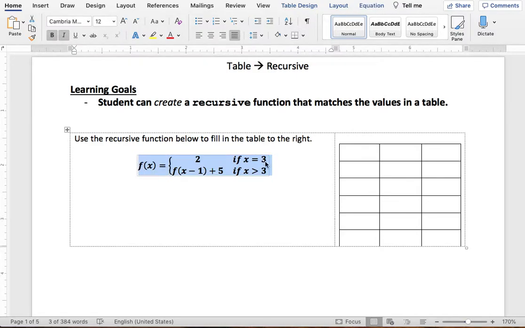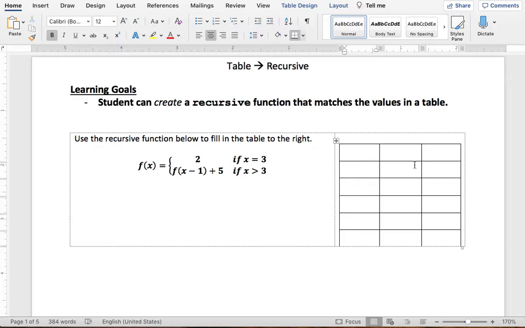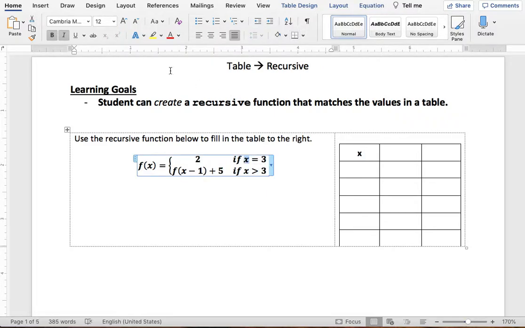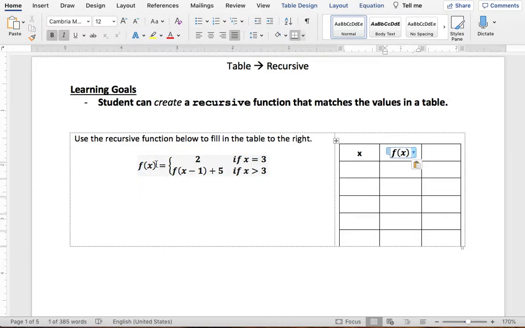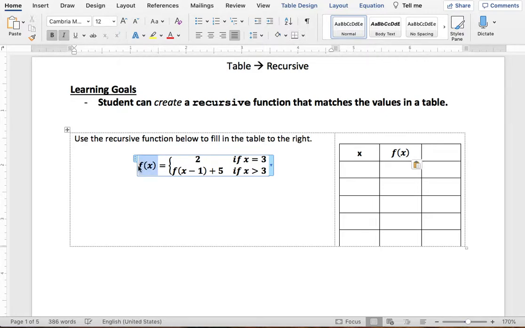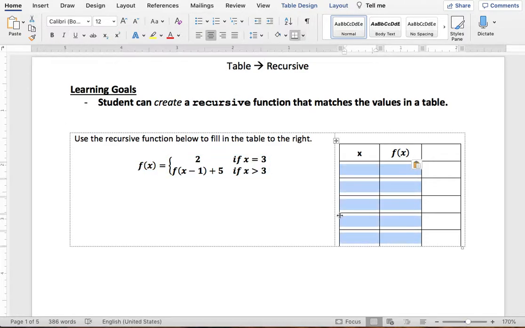So here, our independent variable is our x, and I know that from looking at this right there. Our dependent variable is our f of x, and I know that from looking at here. Okay, so next let's start filling in our values.